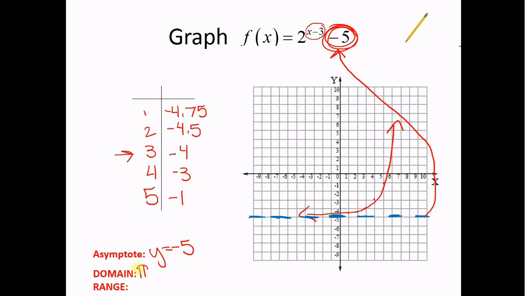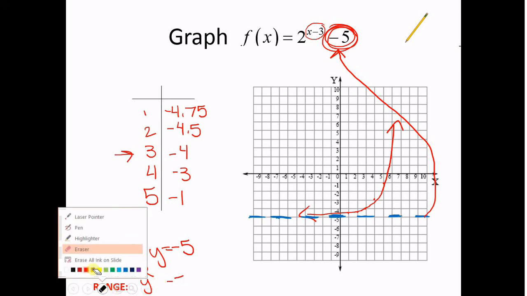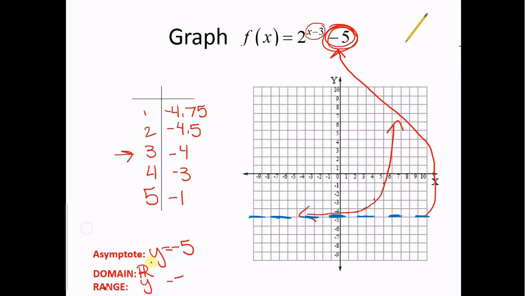My domain, all reals of course, and my range, just like last time, y is less than, hold on, not less than, silly. Greater than, right? Greater than -5? There we go. Almost messed up on that one.